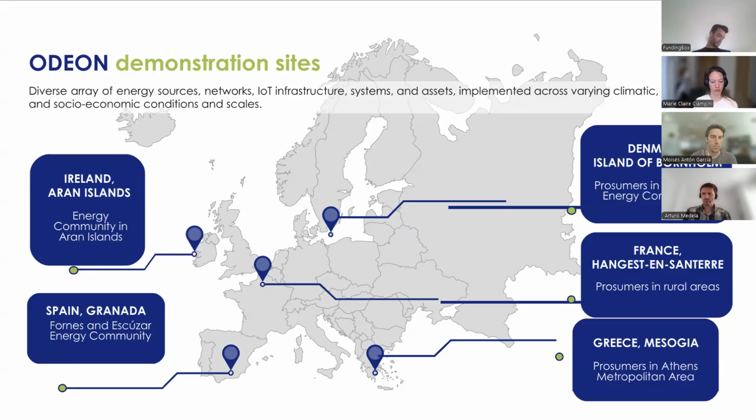We also participate in two small energy communities nearby Granada in Spain. Also, we have an energy community attached to the demonstration activities in the island of Bornholm, but we also gather these prosumers in both France, in a rural area, and also in a metropolitan area nearby Athens. Next slide, please.